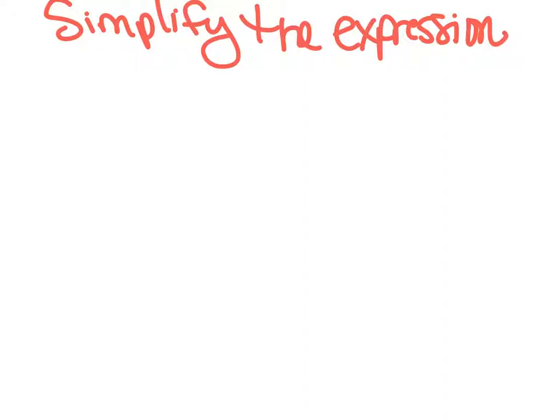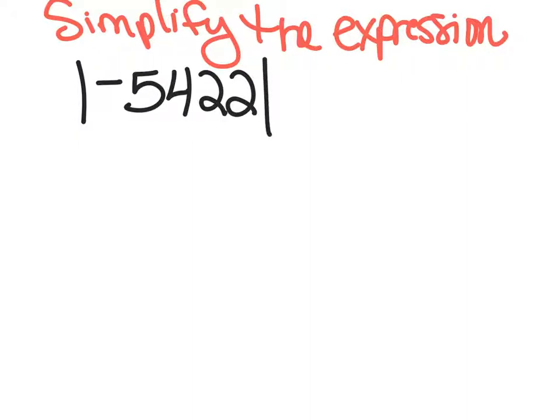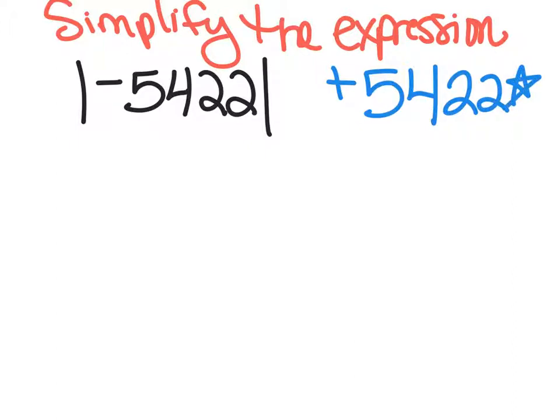The first couple will look pretty easy because you're finding the absolute value. So for example, if I have one like this that says the absolute value of negative 5,422. Okay, so you guys should easily be able to tell me what that absolute value is, which is positive 5,422. Good job.